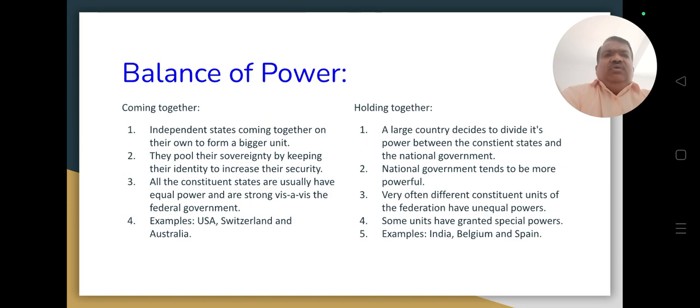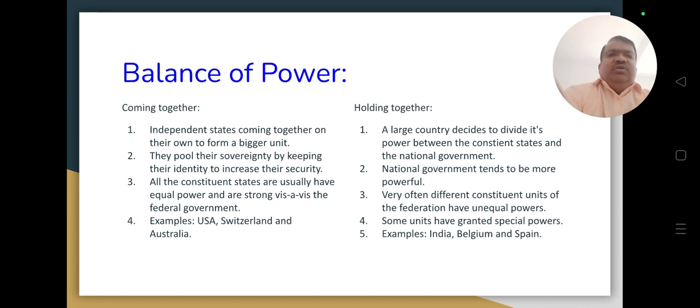In coming together, all the constituent states usually have equal power and are strong vis-a-vis the federal government. In holding together, very often different constituent units of the federation have unequal powers.